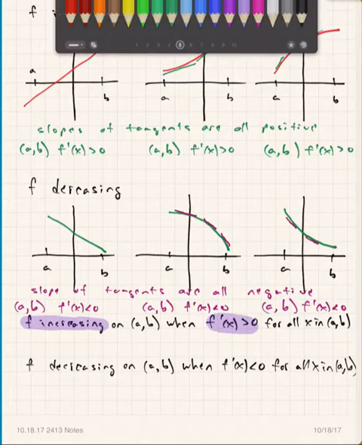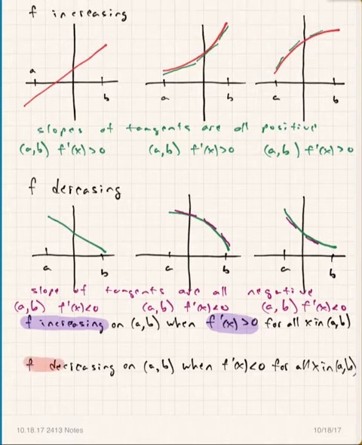And if f is decreasing, that is connected to f prime of x being negative, the derivative being negative. All right, so very important to establish that connection. Positive derivatives, the function's increasing. Negative derivatives, the function is decreasing.